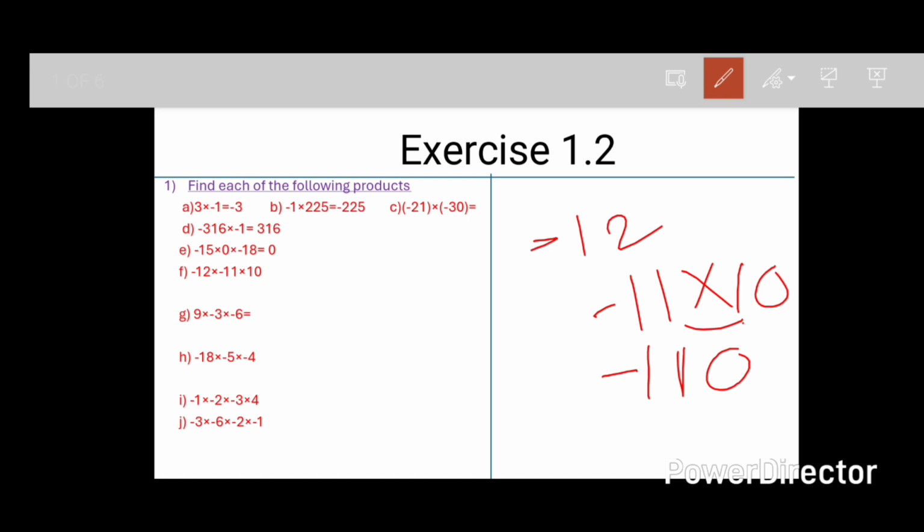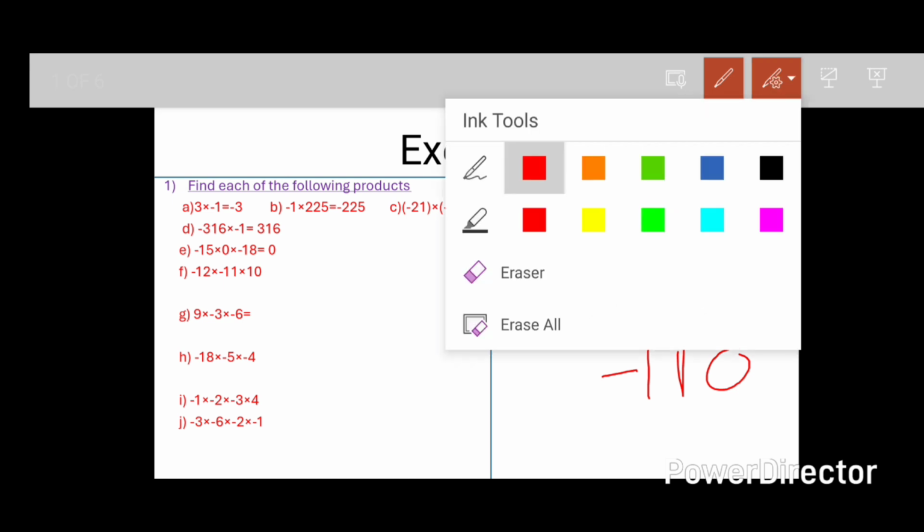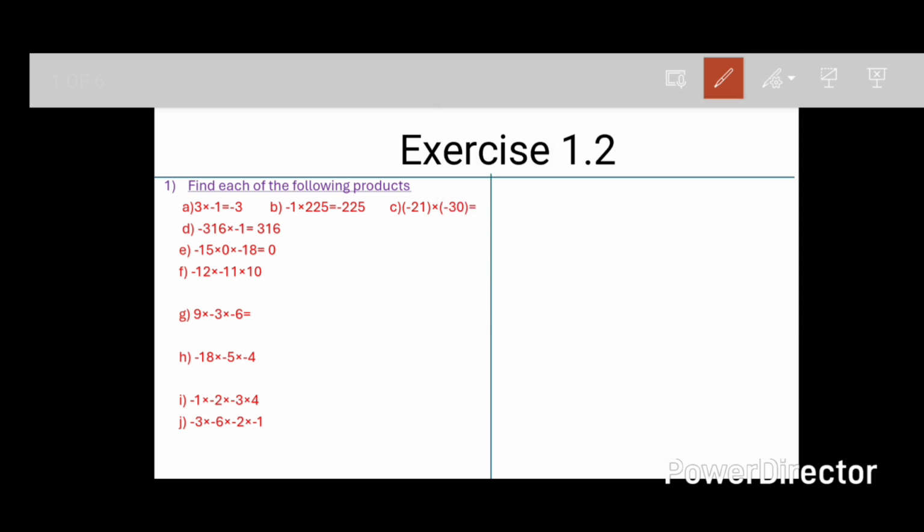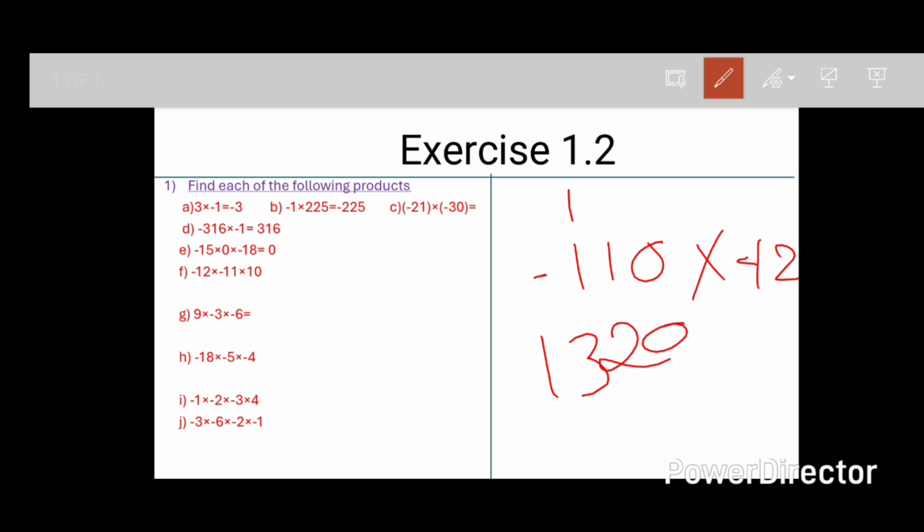Now we should multiply this minus 110 by the remaining number, minus 12. Now 12 zeros are 0, 12 ones are 12, keep 1 as it is. 12 ones are 12 plus 1, 13.